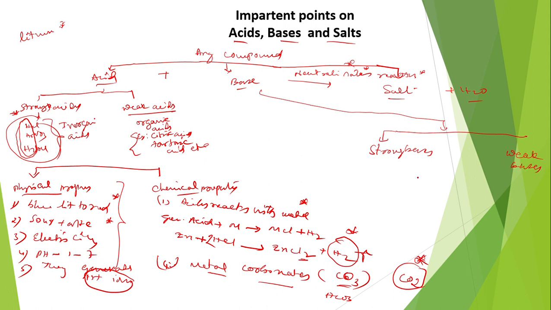Strong bases are completely ionized in water and give OH minus ions. That is NaOH, KOH, etc. So if you dissolve strong bases in water, you will get OH minus ions.